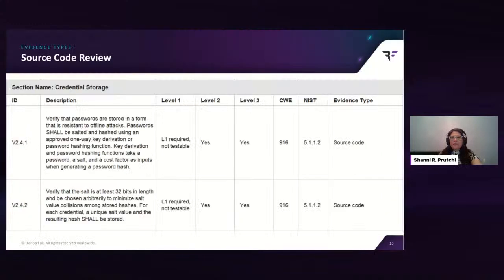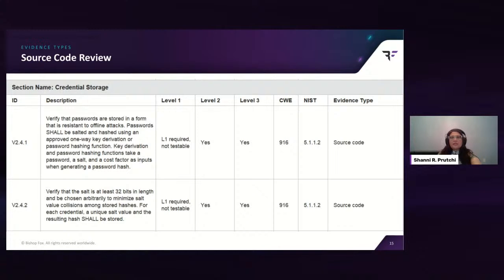So here's an example of 2 of the level 1 requirements that can't be verified with penetration testing. So we see in the level 1 column, it says L1 required, not testable. However, if we look at the content of the requirements, it's saying that we need to be able to store the password securely, that they're resistant to offline attacks, and that it needs to be hashed and salted.